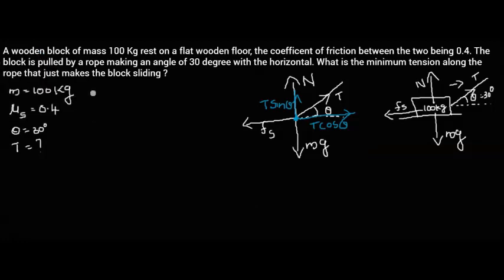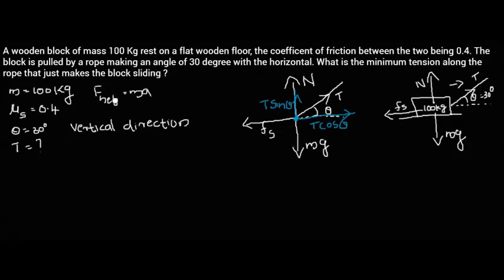So next we have to apply Newton's second law, that is, the net force experienced by an object is equal to mass into acceleration, along the vertical direction and also along the horizontal direction. First apply Newton's second law along the vertical direction. How many forces are acting along the vertical direction? 3 forces.